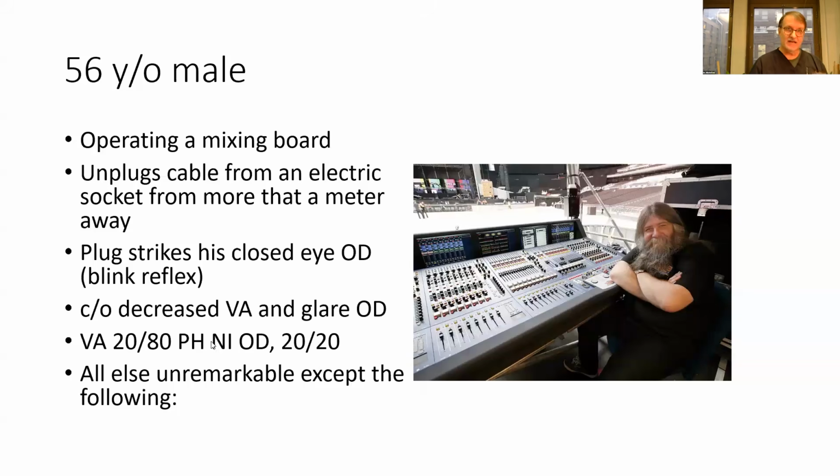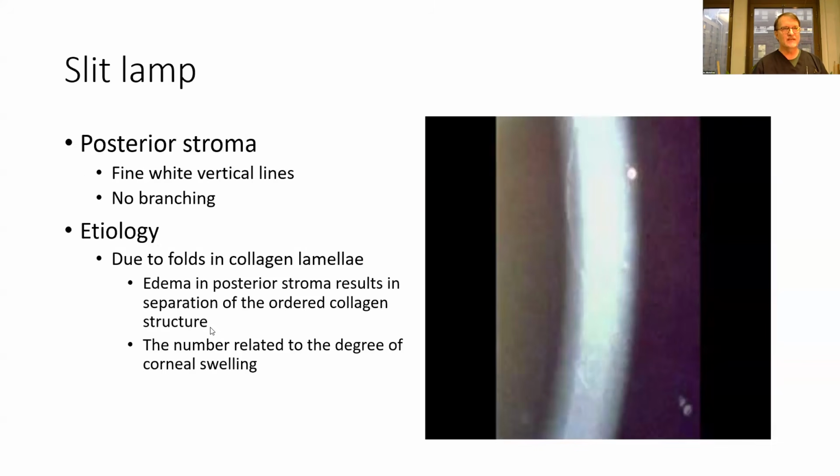So, I was expecting corneal abrasion, but he was insistent that his eye was shut. And in fact, there was no corneal abrasion, but I did see in his corneal stroma and his corneal endothelium these fine vertical lines, near his endothelium, in the posterior stroma. And these vertical lines don't branch.